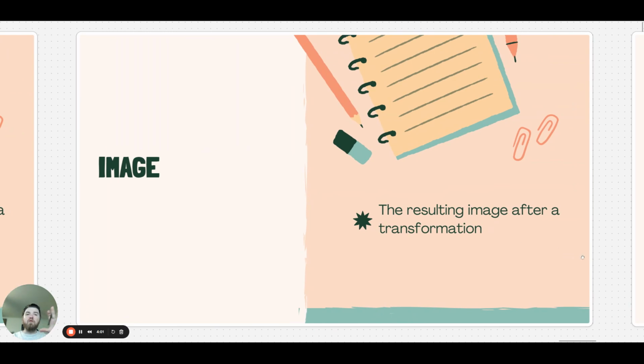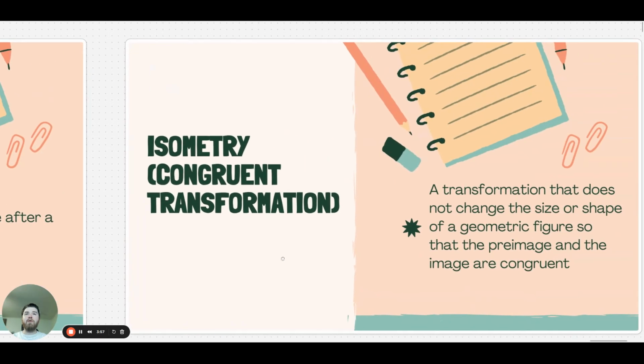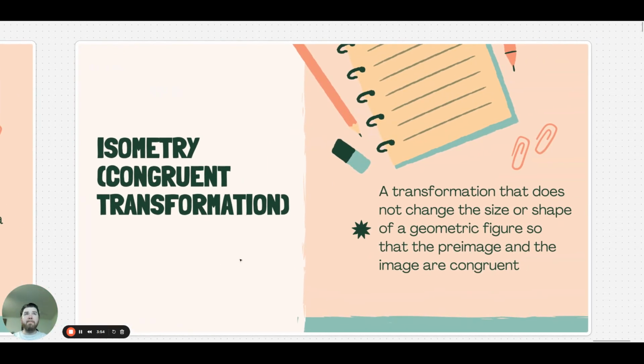Now, there's kind of two broad umbrellas for transformations. The first one is what's called a congruent transformation. We sometimes call that isometry. Basically, what that means is that you're going to take this image, this shape, this geometric figure, whatever it is, and you're going to keep it the same size, the same shape, but you're going to move it.